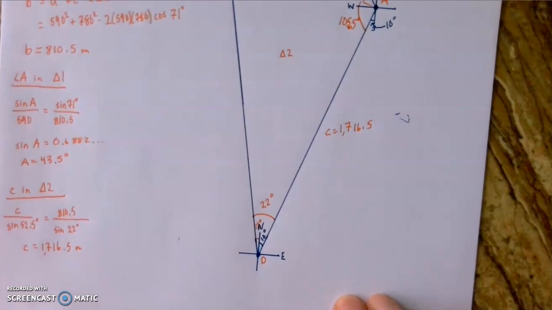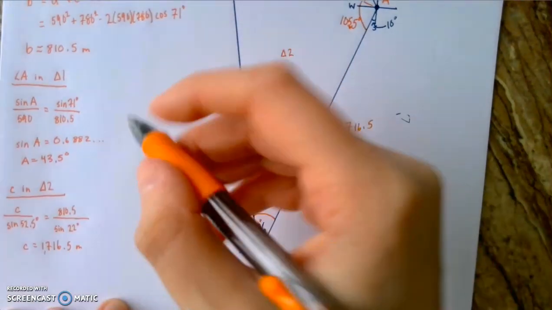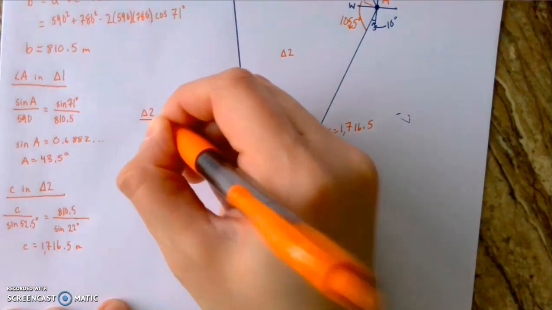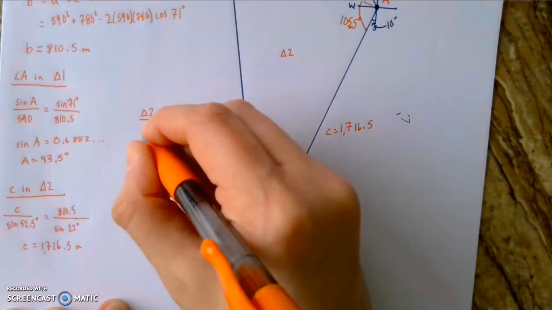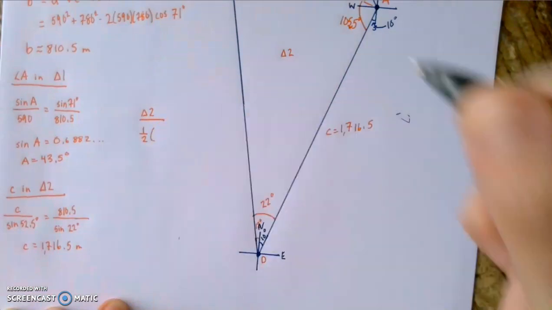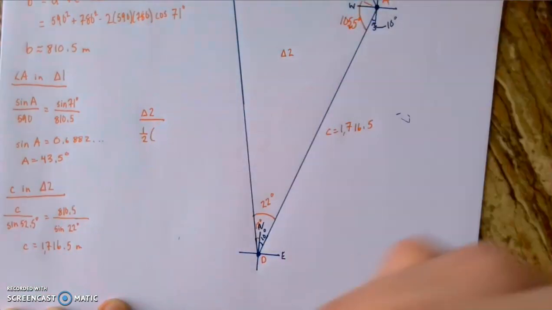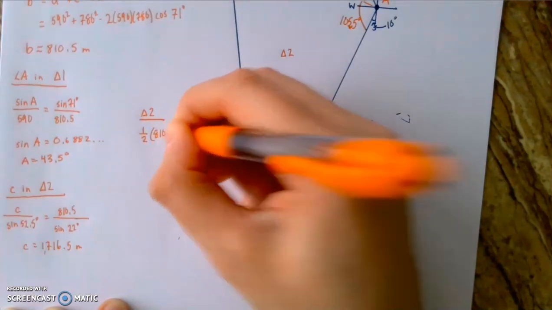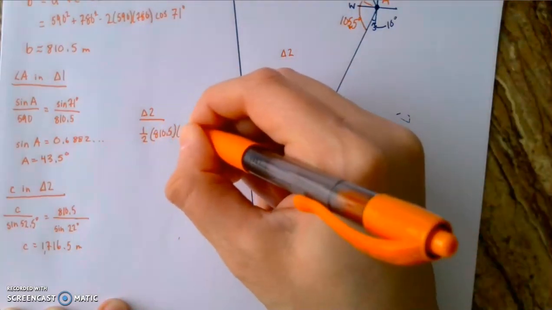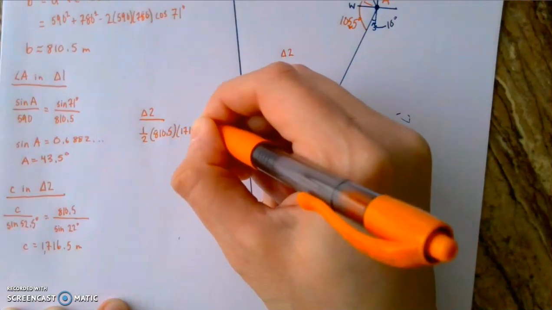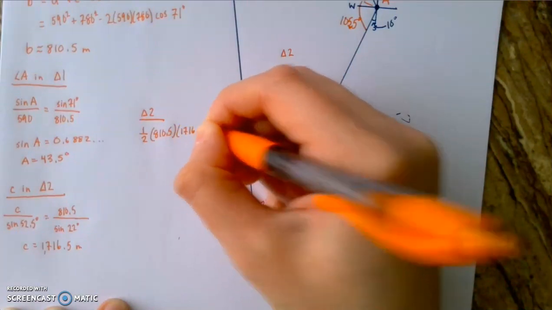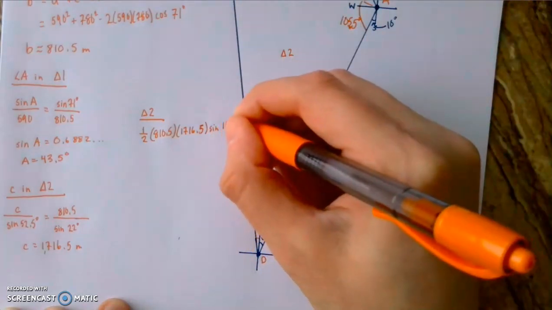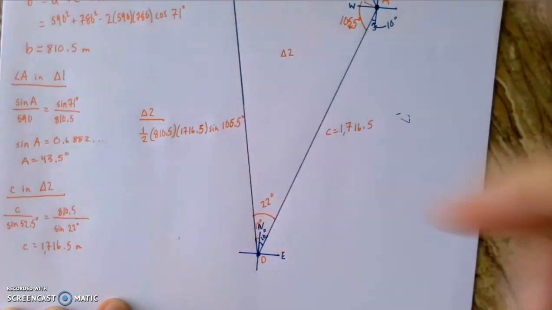Next thing I want to do, I'm running out of space here, but I'm going to finally find the area of triangle 2. So I'm going to do 1/2 times these two sides and then sine of that included angle. So 810.5 times 1,716.5, and then sine of 105.5 degrees.